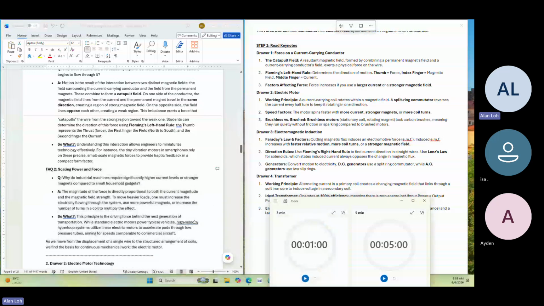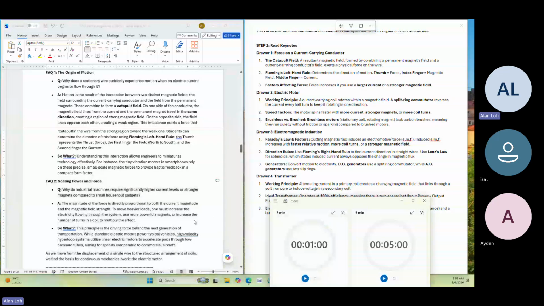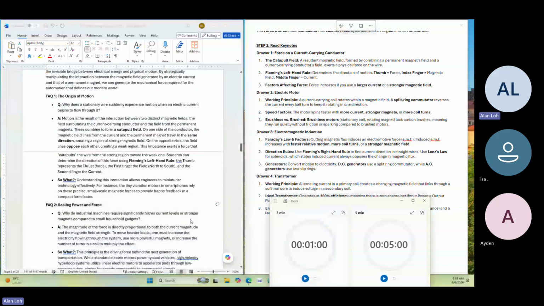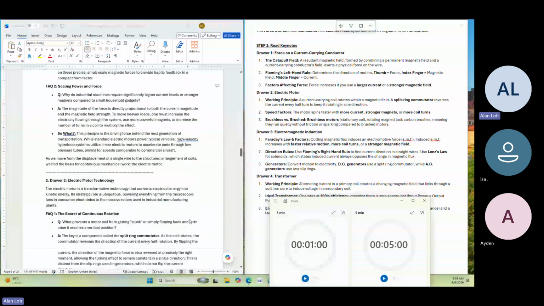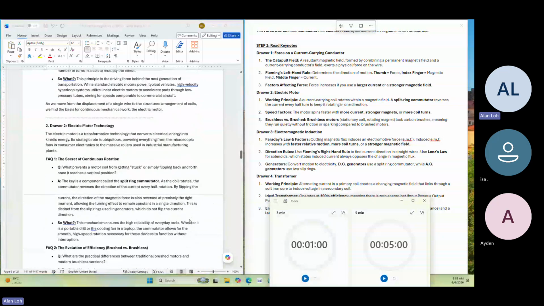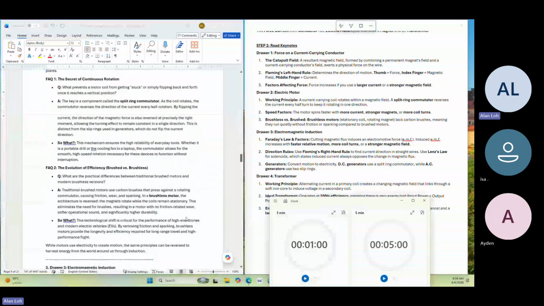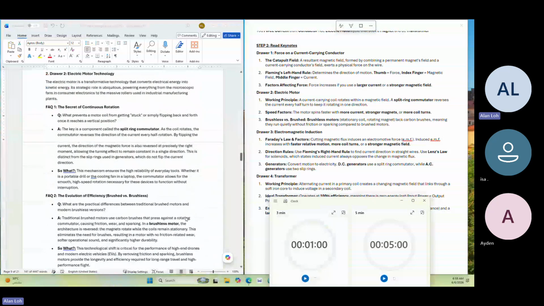All right. So I hope you learned something new on drawer 1 to help improve your understanding from level 2 to level 3 to level 4. We also have two FAQs for drawer 2. So let's do FAQ number 1 for 1 minute. Let's start now.